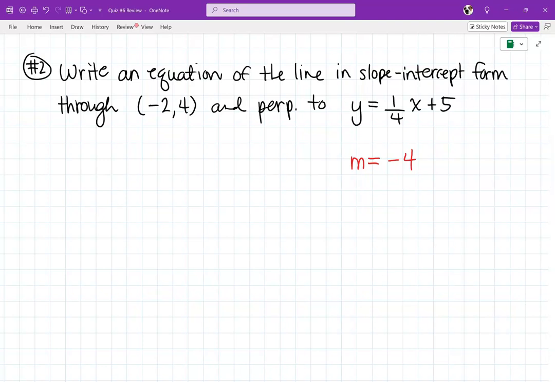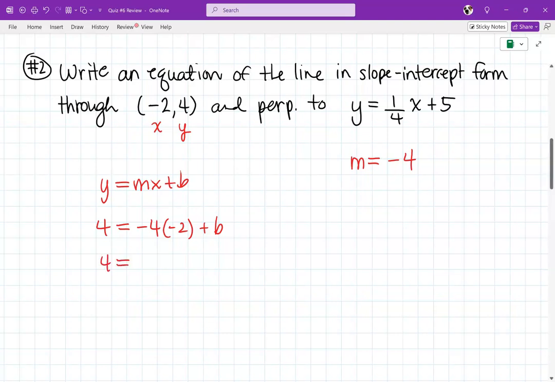Now, I know that the point they give me is my x and my y value, okay? I have my m, so if I use the slope-intercept form that they want me to write it in, y equals mx plus b, I should be able to figure out my y-intercept. That's what I need, right? So y is 4, m is -4, x is -2, plus b. -4 times -2 is a +8.